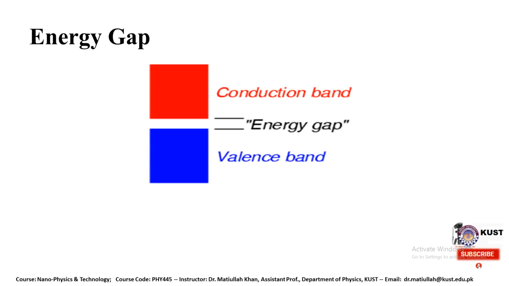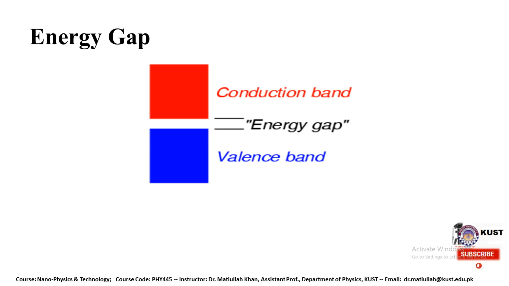So this is the energy gap for a simple material. We have a valence band and a conduction band. If we explain the semiconductor, conductor and insulator based on the band theory of solids, then it is very simple. In the case of a conductor, there are two possibilities. Either the valence band and conduction band overlap each other, and the electrons from the valence band can easily move toward the conduction band.